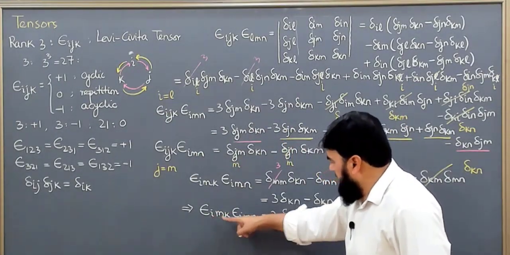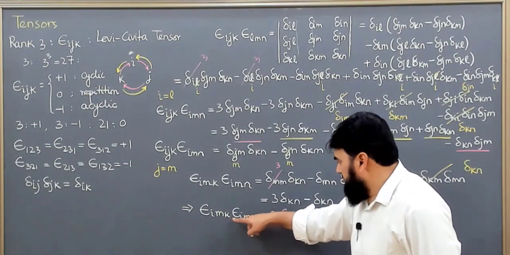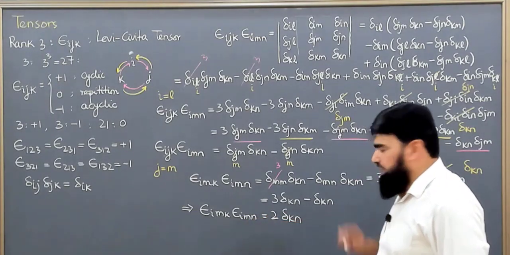When two indices are the same, we are having 2 here, and this is k and n here.